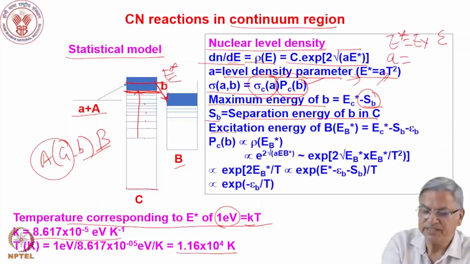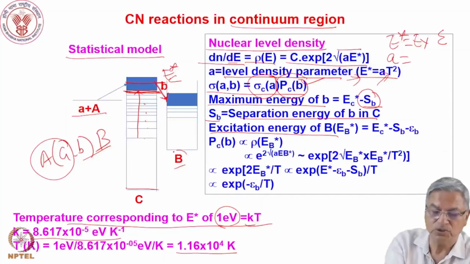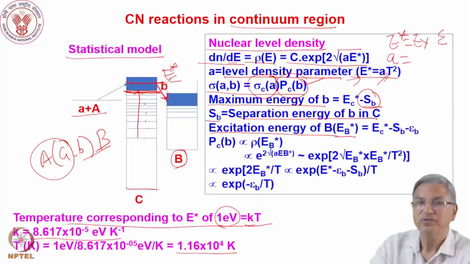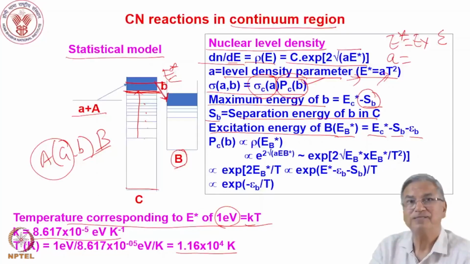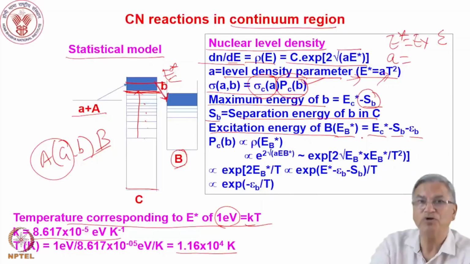So the excitation energy of this residual nucleus will be the compound nucleus excitation energy minus the binding energy of the particle in the compound nucleus minus the kinetic energy of the particle that is coming out. So these are the four energies involved.